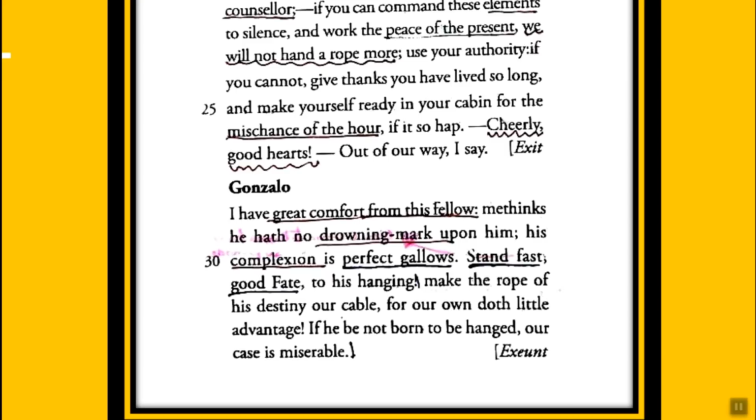So he says, I can see this fellow will not die by drowning. His complexion here means his appearance, is perfect gallows. Gallows means his appearance is a good indication of someone who deserves to be hanged and not a person who will die by drowning.